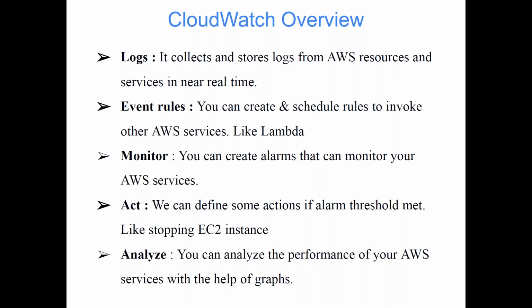For all the services, logs are collected and stored in near real time. There can be a delay of a few seconds. Suppose you executed your Lambda now and you want to see the logs. You can go to CloudWatch and find the logs there. There can be a delay of a few seconds, but more or less it's real time.